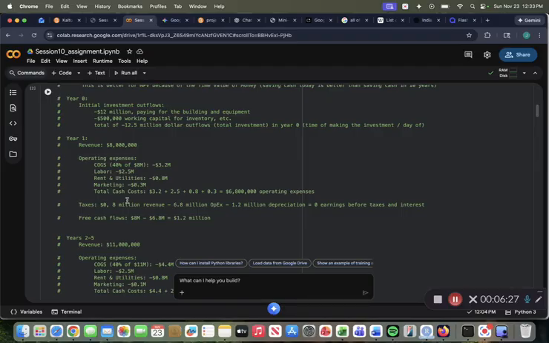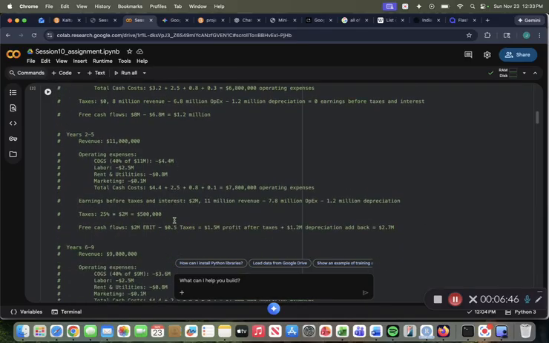And then we got the 8 million in revenue minus the operating expenses minus the 1.2 million depreciation. So that shows that we have 0 earnings before interest and taxes, so there's nothing to be taxed. So this shows our cash flows. The 8 million minus the 6.8 million operating expenses is 1.2 million in year 1.